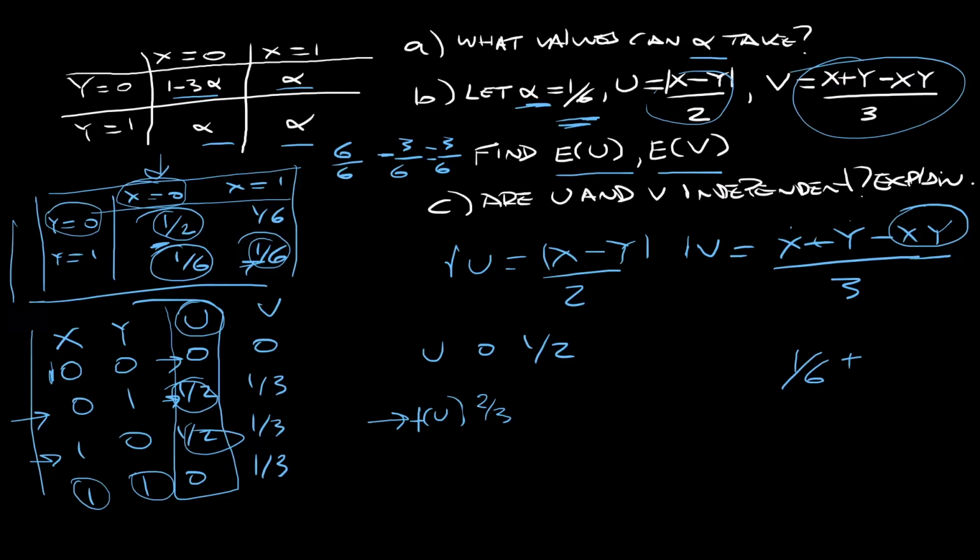So x equals 1, it's this one, and y equals 0. So it's another 1/6. So it's 2/6, or if you simplify the expression, we get 1/3. So this is the value for the corresponding entry. And for the other one, we're going to do the same.